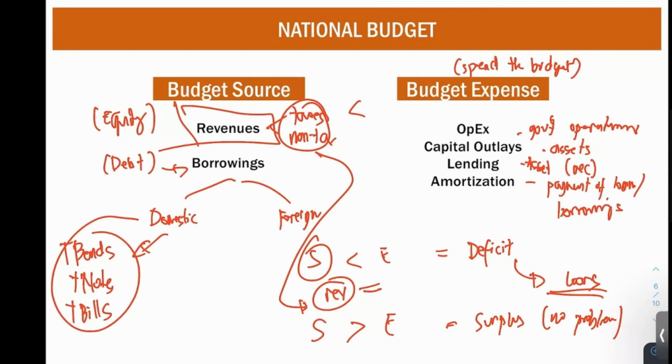So if you are abreast with the current events, you know that we have a lot of foreign borrowings. And you know that the payment of those foreign borrowings is still cut short by the usage of our revenues. As you see, we budget it under your amortization. Take note, we are not only paying the amount of our loan, we are also paying the amount of interest on that loan.